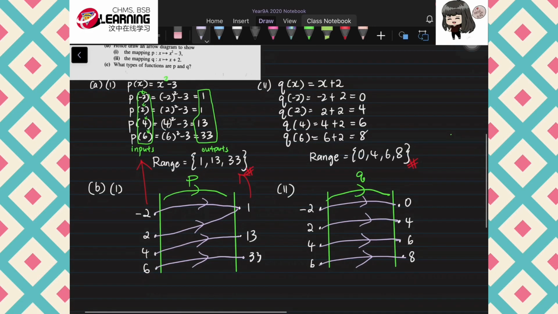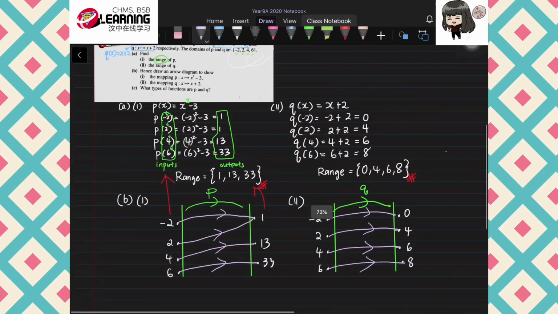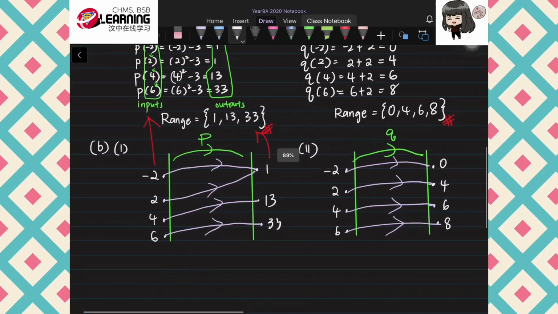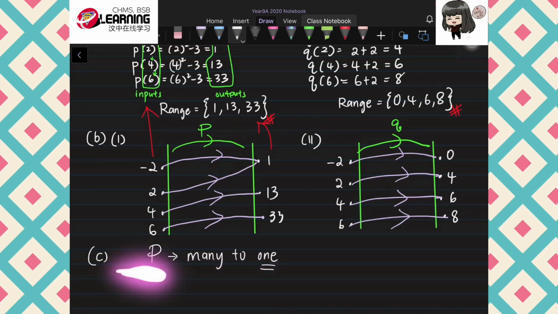And you can see this type of relation, first part and second part, links to your part C. What types of functions are P and Q? So the function of P is a many to one relation. It's a function because it has one output.